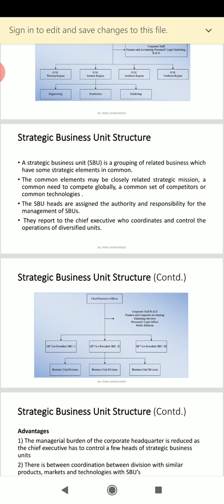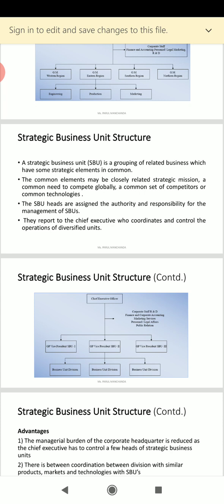Rather than a main unit being handled by the headquarters, you have different SBUs. Those SBUs report to a particular individual, and that individual then reports to the headquarters. So it is one step added in comparison to what would have happened otherwise.